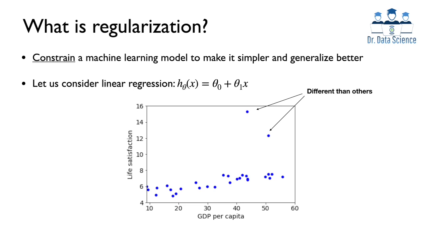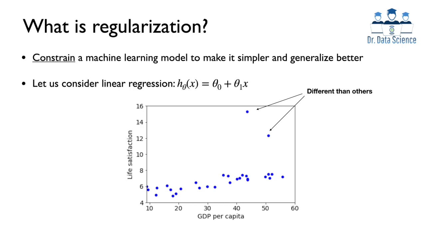So we assume that in countries that are richer, people should be happier. And I intentionally have two data points, which you can see on the top of this figure, that are very different from the other data points.